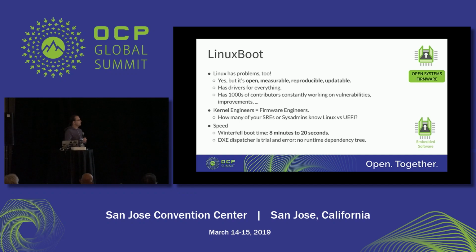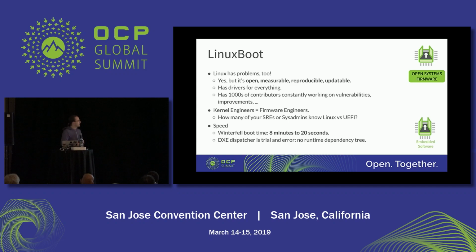And of course, Linux has a much larger community than UEFI does, right? There's thousands of people working on the Linux kernel every day out in the community, and there's way more. If you look at a company like Google, we have way more Linux engineers than we do firmware engineers.